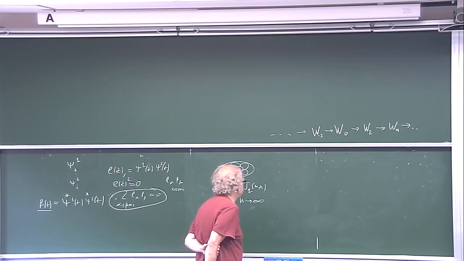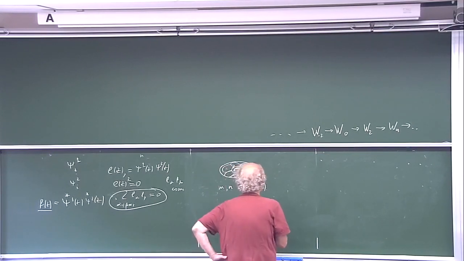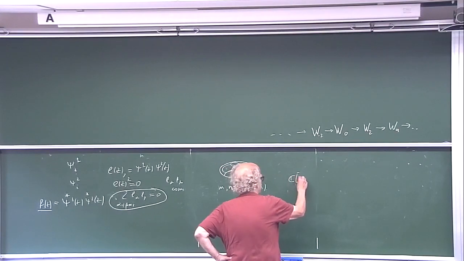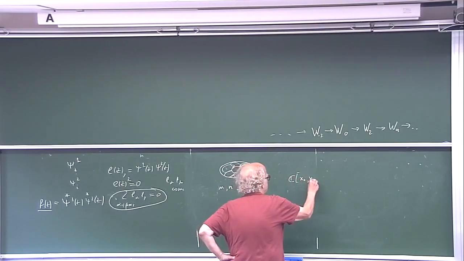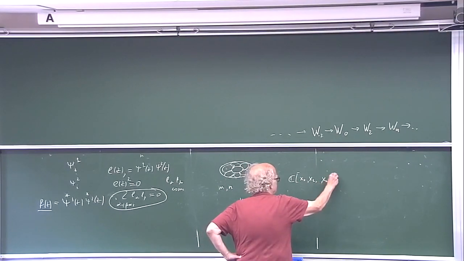And the nice description is the following. We have to take polynomials in x0, x1, and so on, x m minus 1.